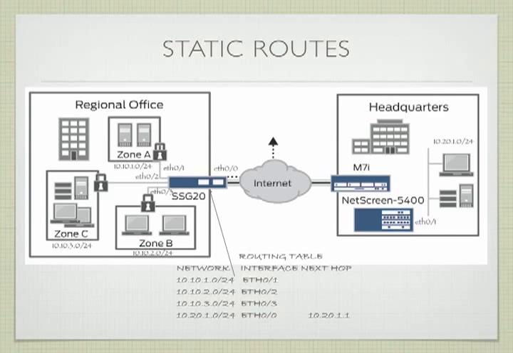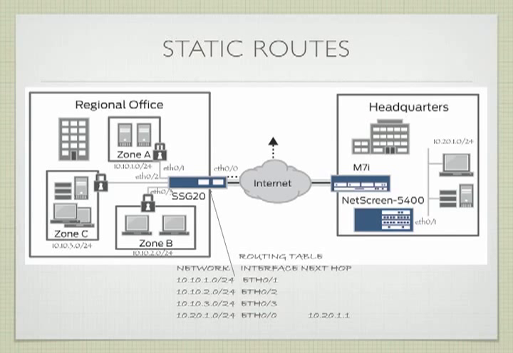Now, on the remote site from the SSG-20, you can see that the subnet is 10.21.0/24. And we would reach that over that IPsec VPN tunnel, and the interface there on Ethernet 0/1 on the NetScreen 5400 will be configured to 10.21.1 in this case.